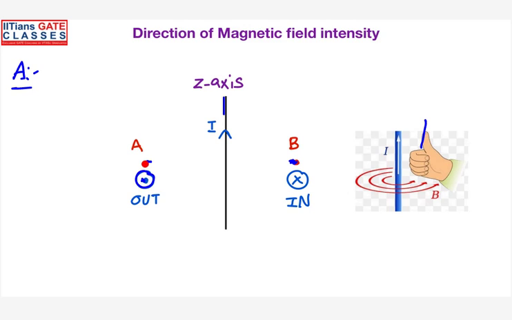This is an example where you can clearly see how Fleming's right-hand rule can be applied. Is it clear? At point A the fingers point outside the plane, and at point B all your fingers point inside the plane of the paper. So you got the point here, the direction of the magnetic field intensity.